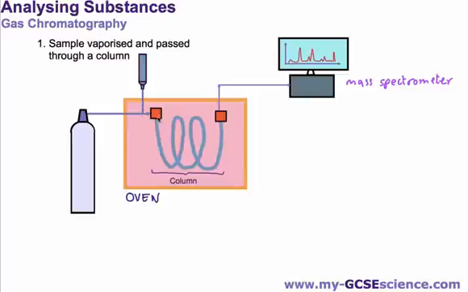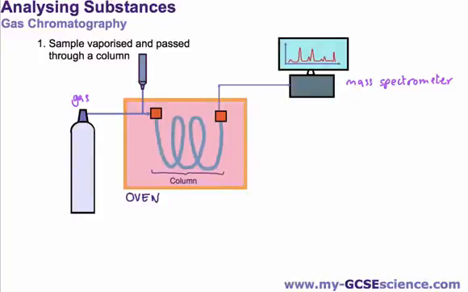The way it gets through the column is that it has to be carried by a gas, and this canister here provides that gas. It's usually something like nitrogen, which won't react with anything. So we have the sample vaporized, the gas carries it through this column, and the key thing about separation happens in that column.